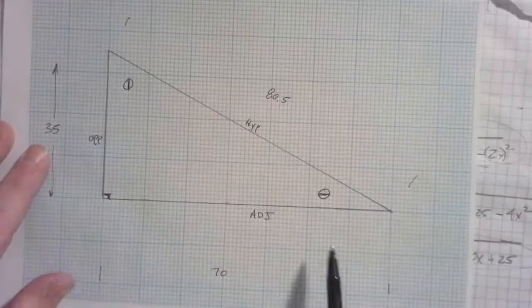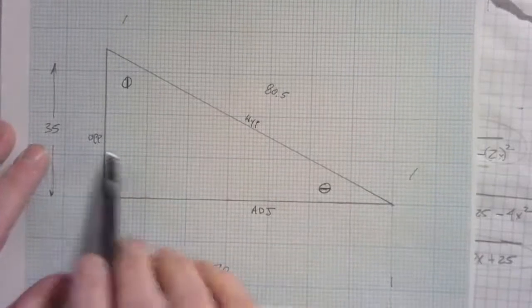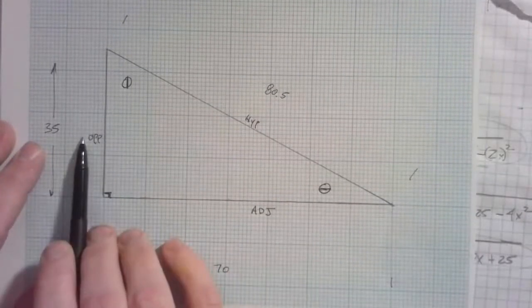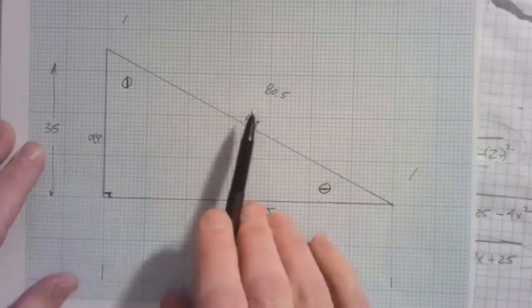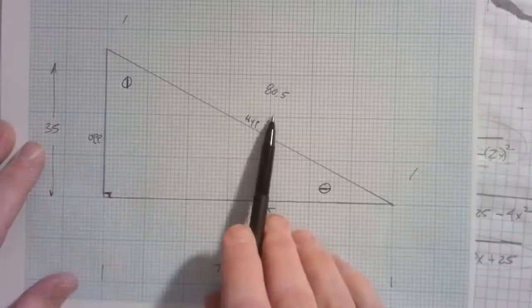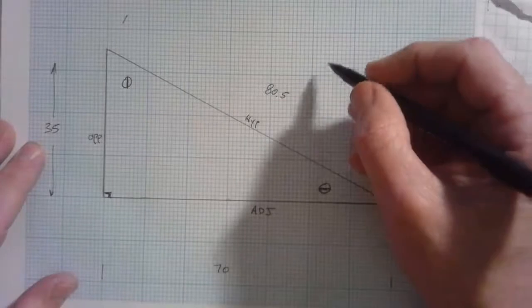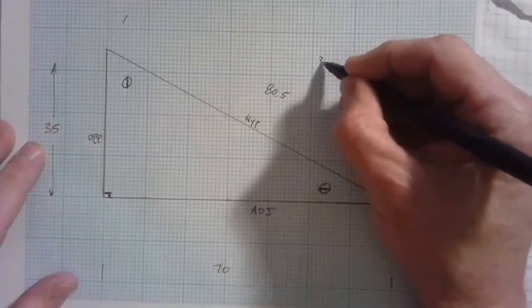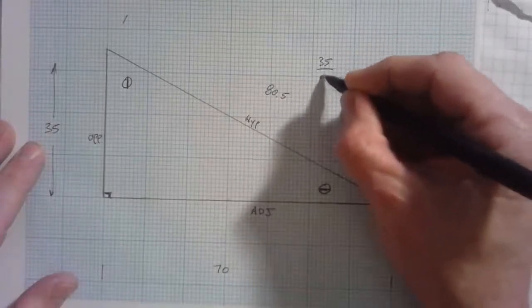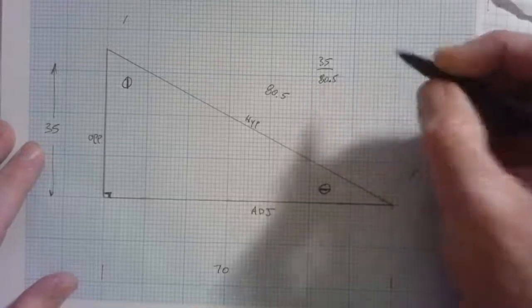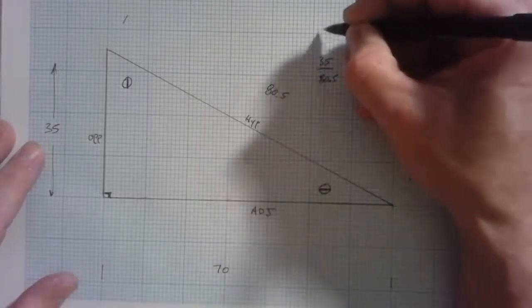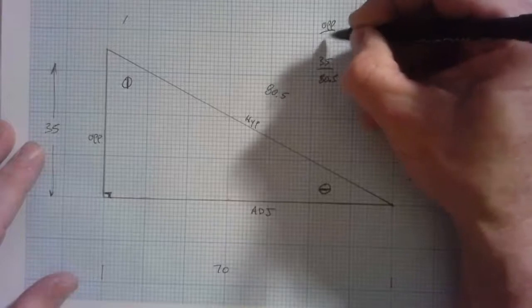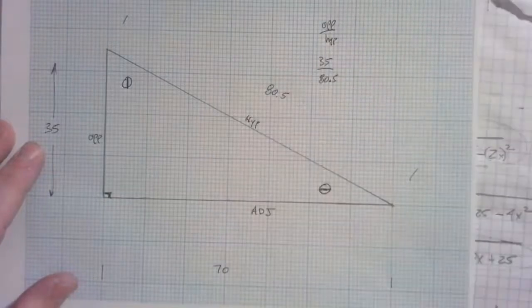So if I look at the opposite over the hypotenuse, you'll be clear in a second, that would be 35 over 80.5. That would represent opposite divided by hypotenuse.